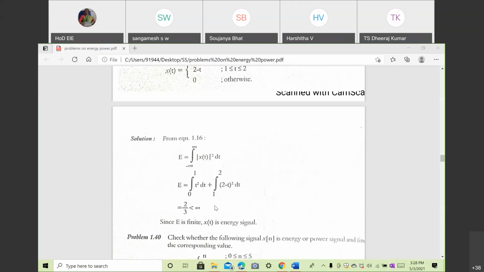Since E is finite, we got a finite number. Therefore, x of t is an energy signal. It is an energy signal because the number we are getting is less than infinity. That's why E is finite. Therefore, x of t is an energy signal.